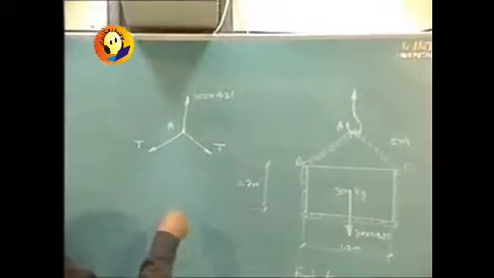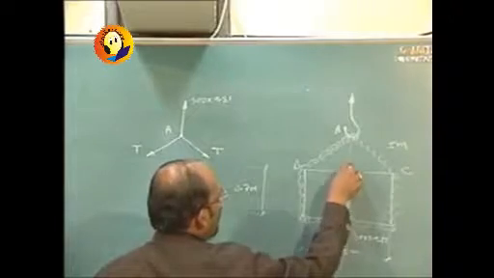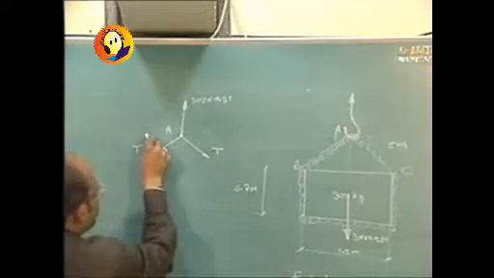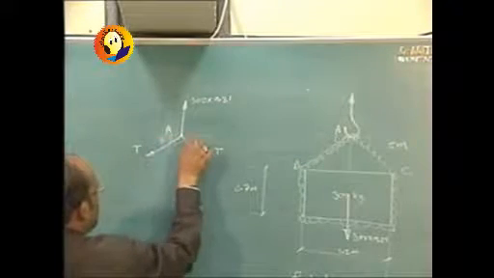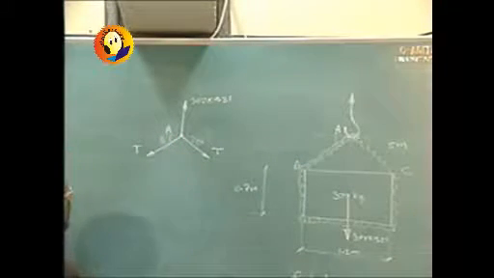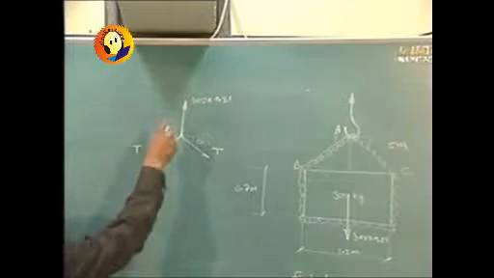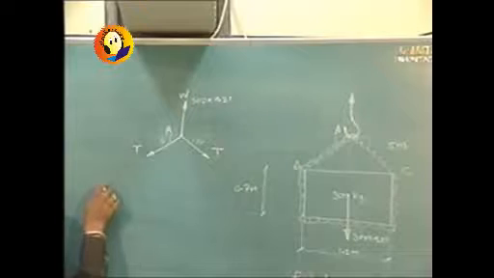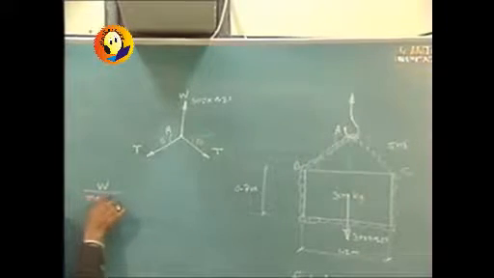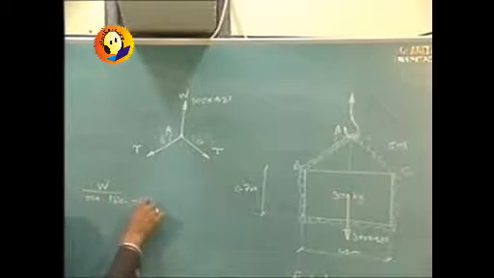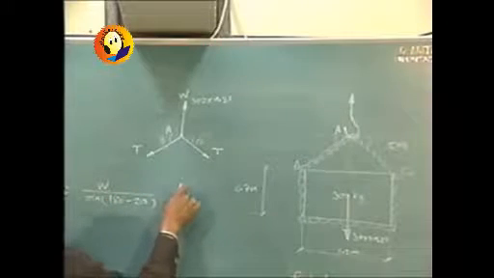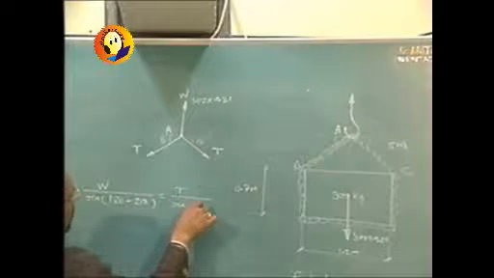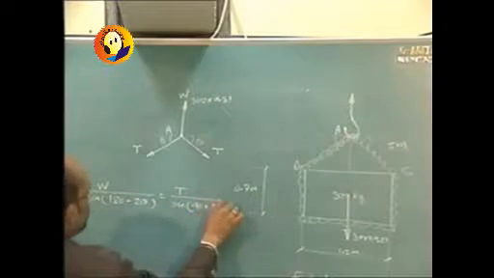Now to solve this problem, I will be looking for the angle made by the chain. It is going to be a symmetric one. So if I can find this angle theta, probably my job will be through, because then I can write, as this was W, W upon sine of 180 minus 2 theta is equal to T upon sine of 90 plus theta, and the job is done.